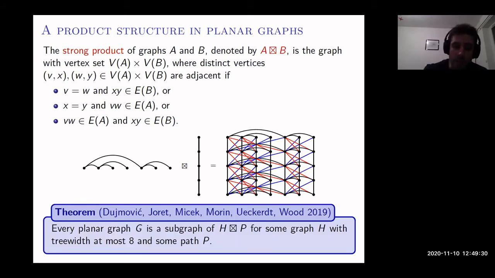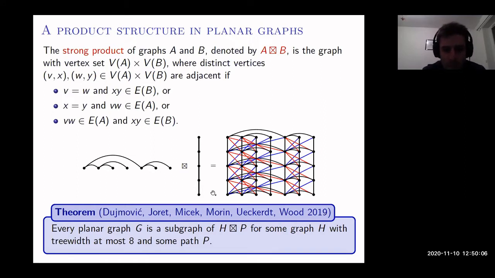So what was proved by Vida Dujmovic, Gwenaël Joret, Piotr Micek, Pat Morin, Torsten Ueckerdt, and David Wood last year is that any planar graph G can be seen as a subgraph of some strong product H times P for some graph H of bounded tree width and some path P. So for any G, there is an H of tree width at most 8, such that G is actually a subgraph of H times P.